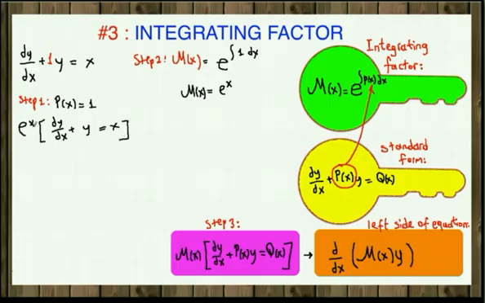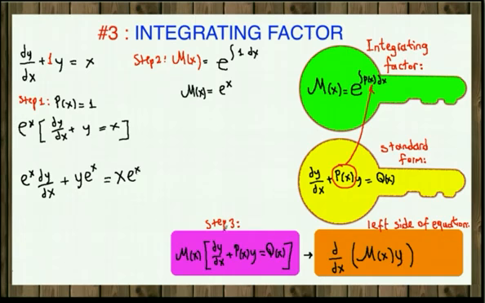If we distribute, we get e to the x dy/dx plus e to the x y, let's write it y e to the x, equals e to the x times x, let's write it x e to the x.